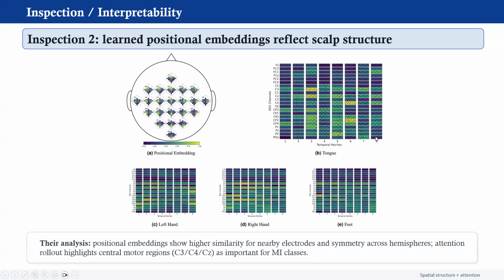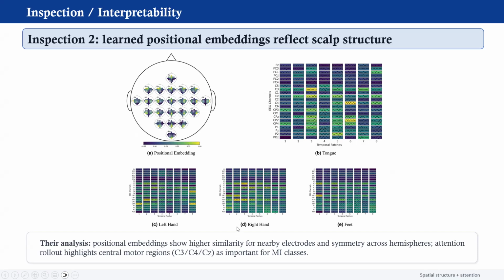They've basically taken all the patches and colored them based on their attention score, just looking at what was the most important. These are based on the category of classification, the left hand and the right hand ones.